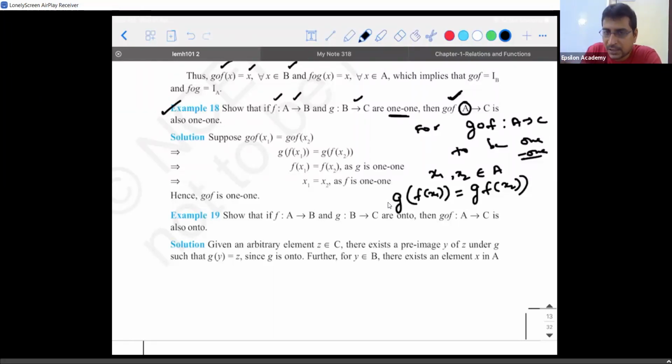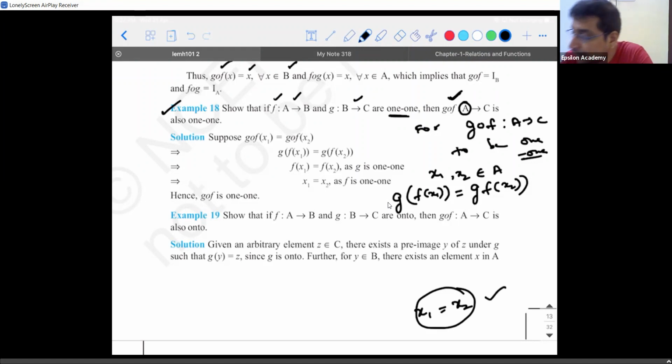If I solve it mathematically, what is my expected result? I need to get x1 equal to x2. If I am able to prove that, I can conclude that g circle f is a 1 to 1 function. If not, it is a many to 1 function.